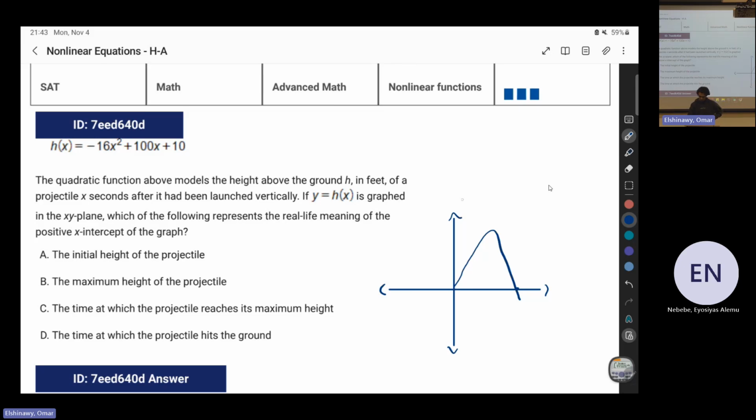The height. The height, okay. And what's plotted here on the x-axis? Time. So let's say the function looks like whatever it looks like. The point at which it touches the x-axis, what can we say about its height? 0. Yes. And if you have a projectile which has a height of 0, then it hits the ground. That's what Ali is saying. And this is logically sound. It sounds good.